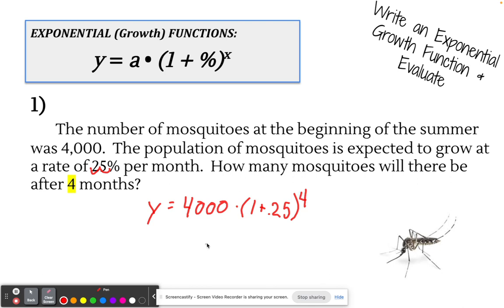I get 2.4414, and so on. So y equals 4,000 times 1.25 to the 4th power, which is that 2.44 number. Just type that whole thing in your calculator. Don't round until you get to your final answer. So I multiply that by 4,000.